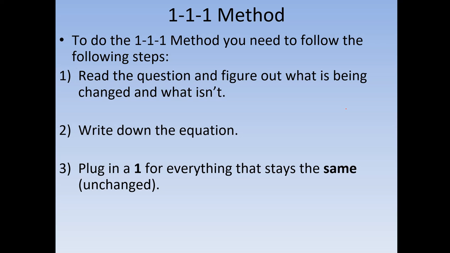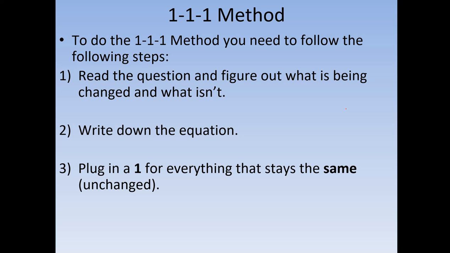Now, this is where the 1-1 method comes in. You're going to read the question, and when you look at anything that wasn't changed in the question, you would plug a 1 in for that to say that it stayed the same. Mainly because anything times a 1 is itself. 4 times 1 is still 4.